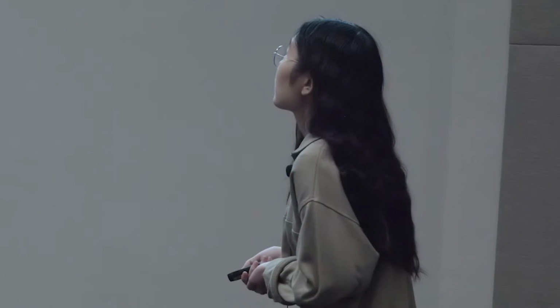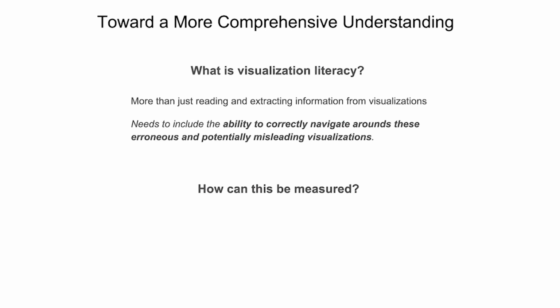We are taking steps toward a more comprehensive understanding of visualization literacy. Circling back to the two questions we started with, visualization literacy is more than just reading or extracting information from visualizations.